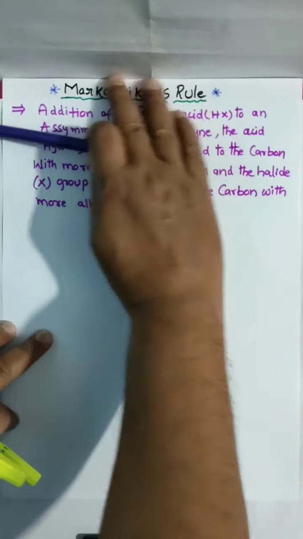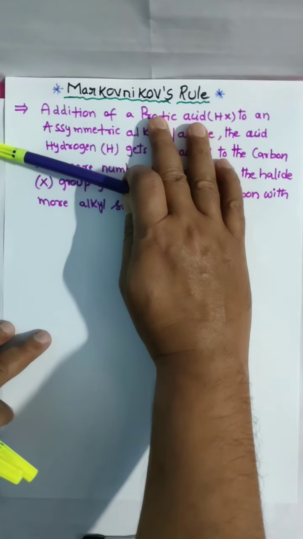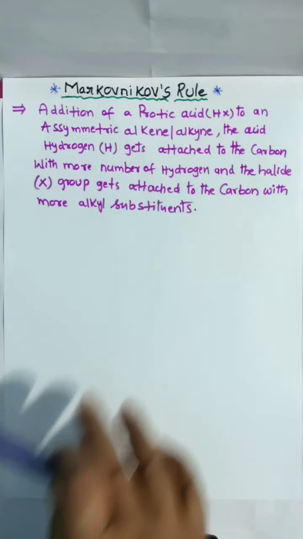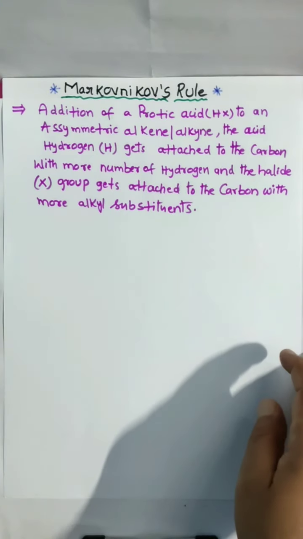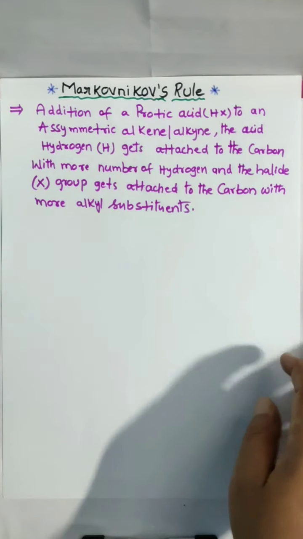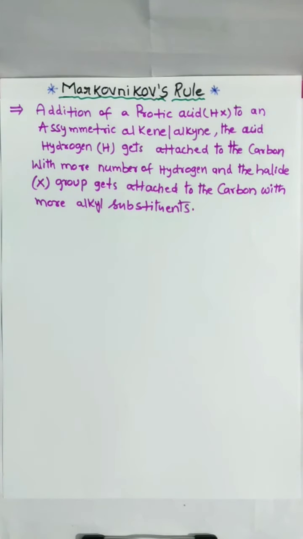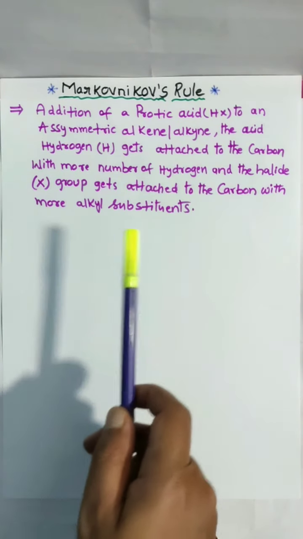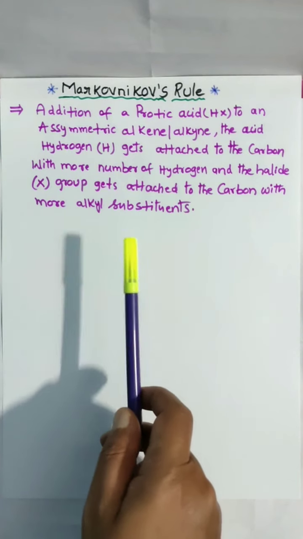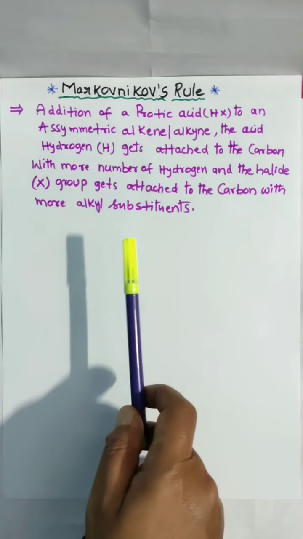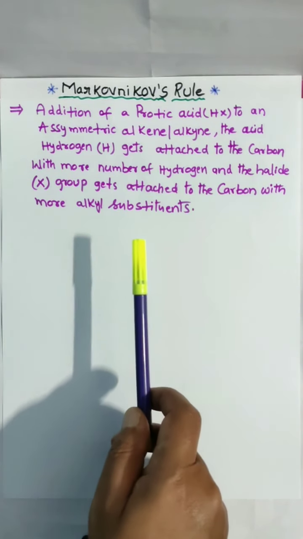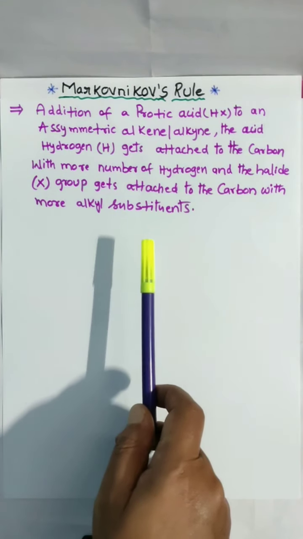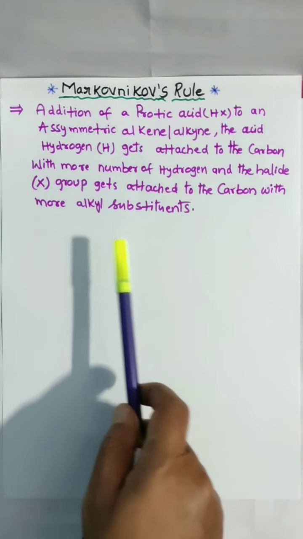Markovnikov's rule gives information on how to solve questions based on it in competitive exams easily. First we'll go through Markovnikov's rule in detail. In this video I am going to explain up to JEE Advanced level applications of Markovnikov's rule.